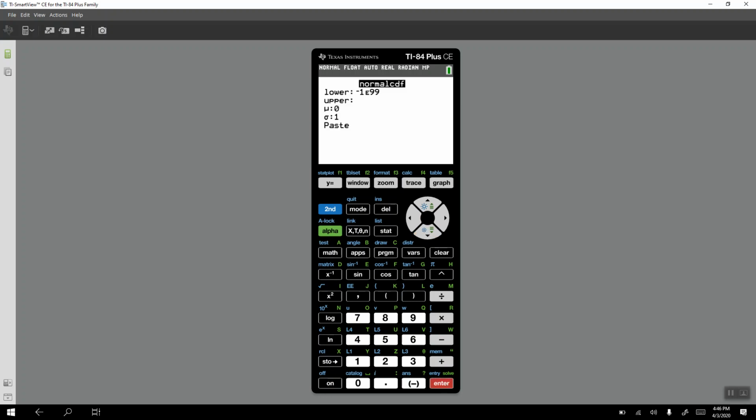Now, what we want to do here for this normal distribution is enter the area that was shaded, the area that was shaded all the way to the left. Now, I'm really quickly going to go back and talk about the areas before I proceed with this TI-84.